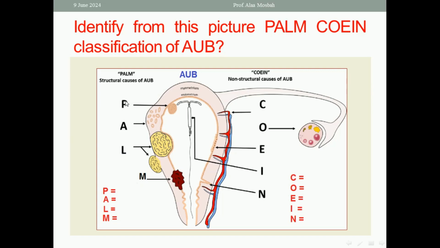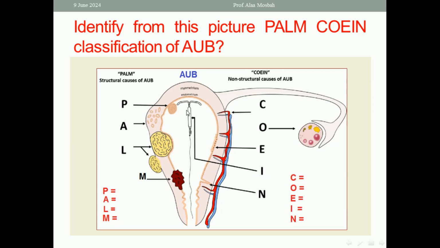When I ask you to write it, you should tell me what each abbreviation denotes. As you see in the picture, this is a polyp, this is adenomyosis, this is a leiomyoma, this is a malignancy. Here is the coagulation dysfunction, here is the ovulatory dysfunction, here are the endometrial causes, arteriovenous malformation or inflammatory, and so on.